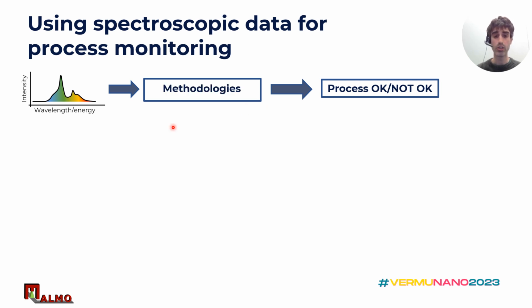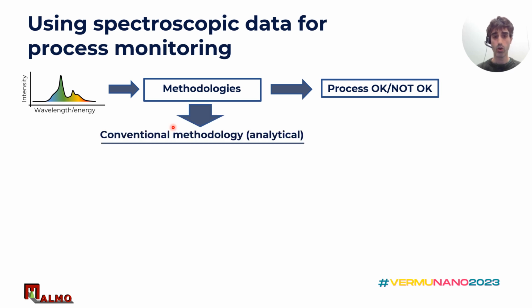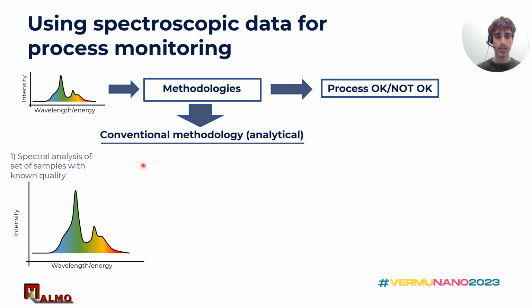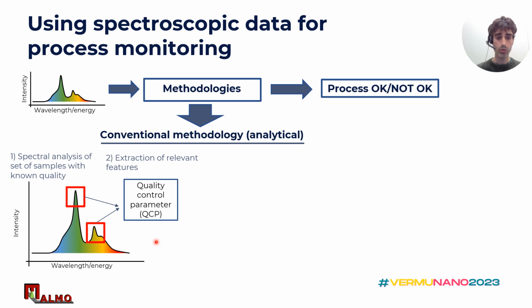We need process monitoring methodologies. Conventional methodologies, which are analytical methodologies, consist of the following. First, you analyze a small set of reference samples with known quality or known characteristics, and what you try to do is to extract relevant features into what we call a quality control parameter.